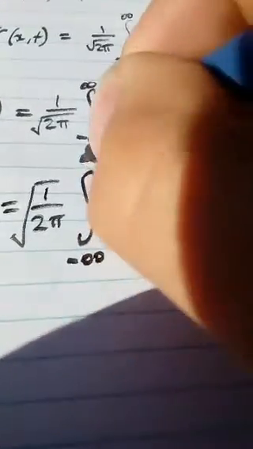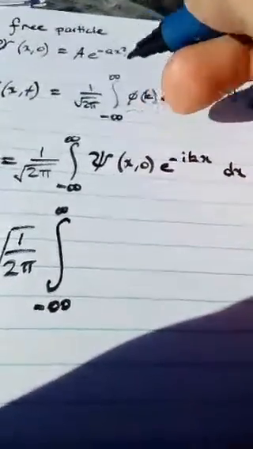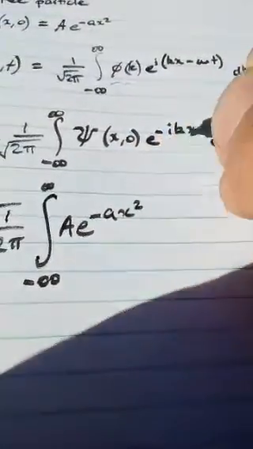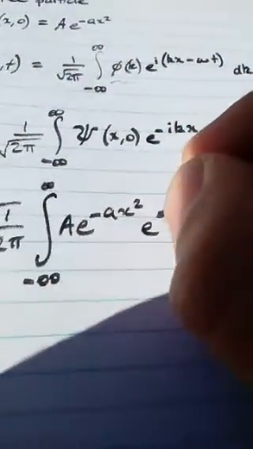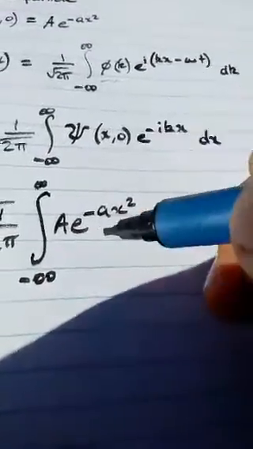Integral from minus infinity to infinity, all right? This, which is that. So a e to the minus ax squared e to the minus ikx dx. All right, so all we did was sub that into that.